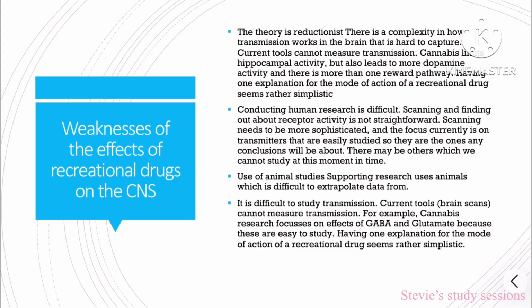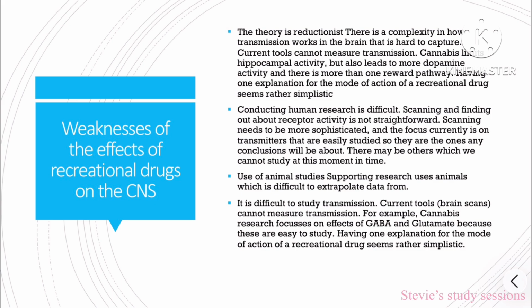Conducting human research is difficult. Scanning and finding out about receptor activity is not straightforward. Scanning needs to be more sophisticated, and the focus is currently on the transmitters that are easily studied, therefore all conclusions are about those transmitters. There may be others which we cannot study at this moment in time.